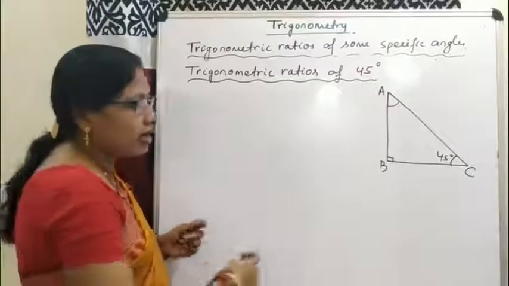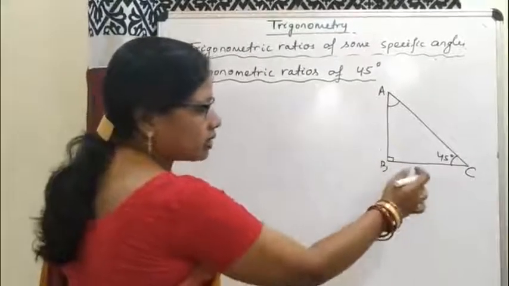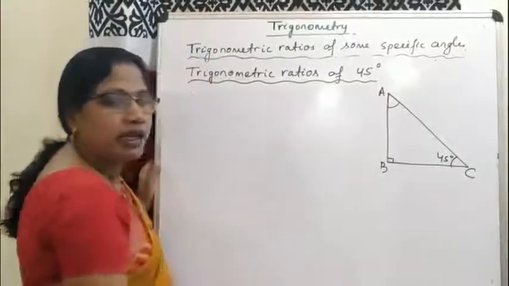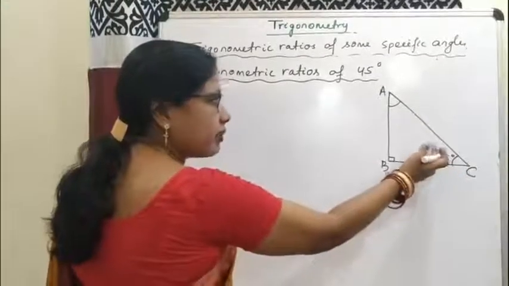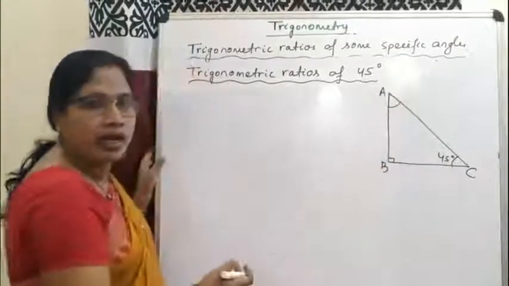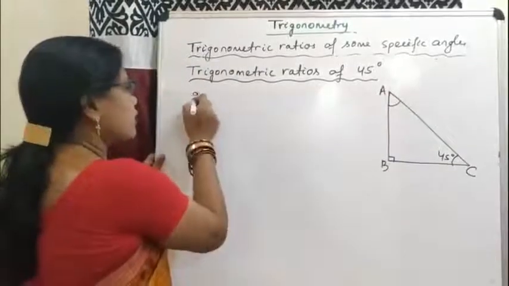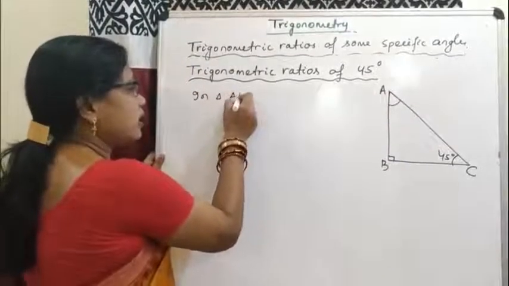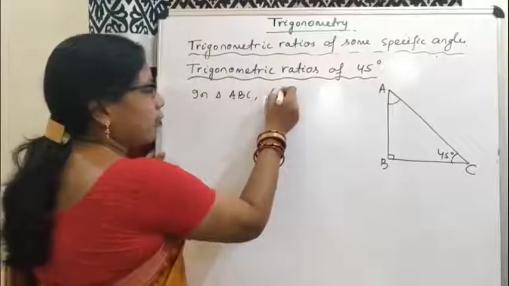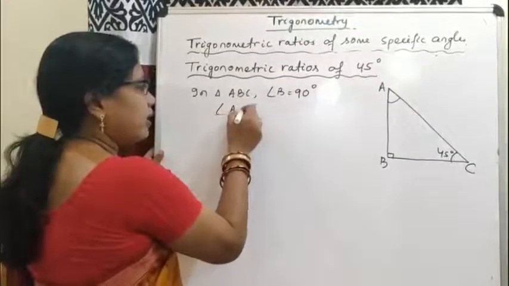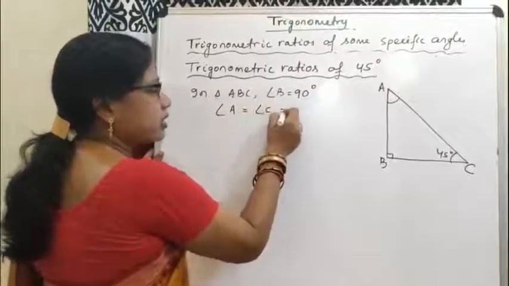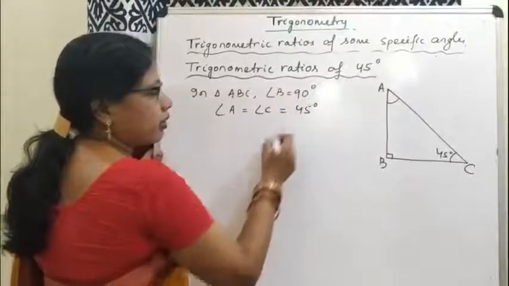Here I have drawn a triangle ABC with angle B is 90 degree, angle C is equal to 45 degree and also angle A is 45 degree. So in triangle ABC, angle A is equal to angle C is equal to 45 degree.